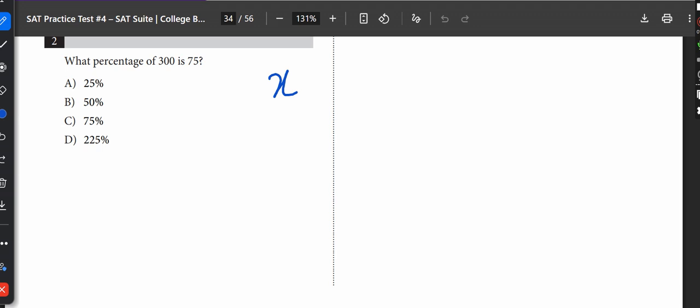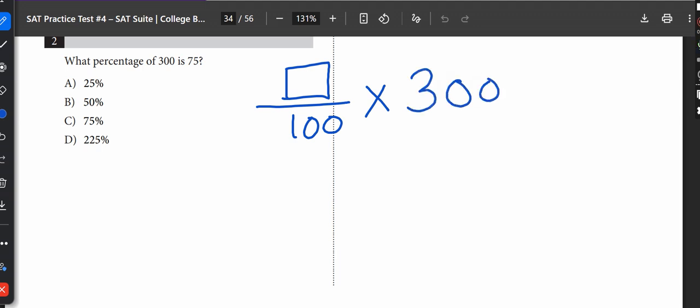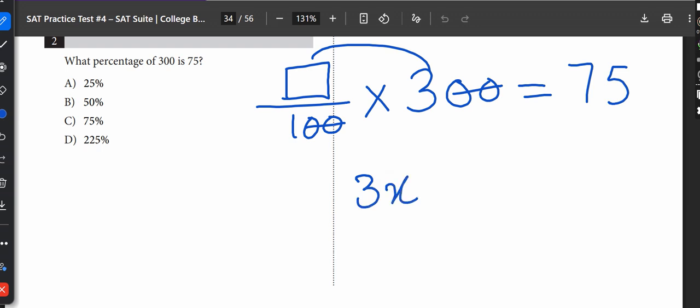So they are saying what percentage, they don't know the percent, divided by 100, multiplied by 300 is 75. When we have a multiplication sign in between, we can cancel the zeros. So 3 multiplied by this x, whatever the number is, we can use 3x instead of this box.